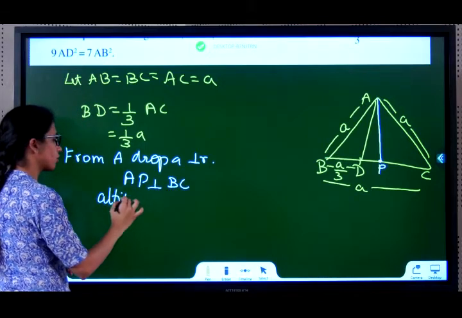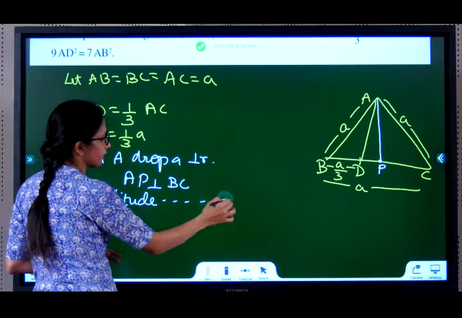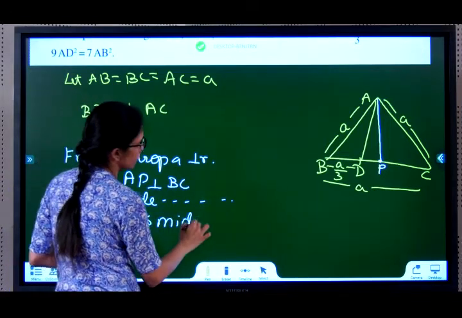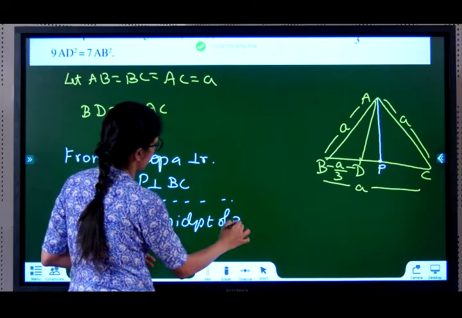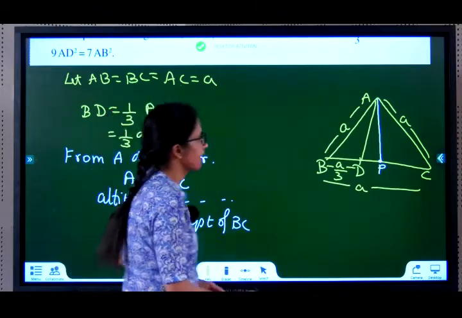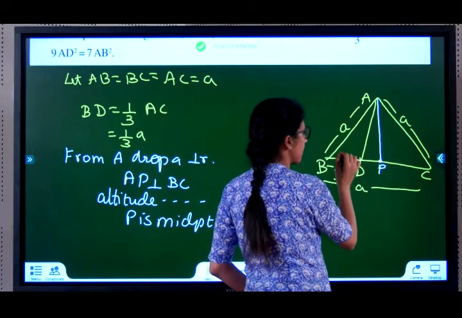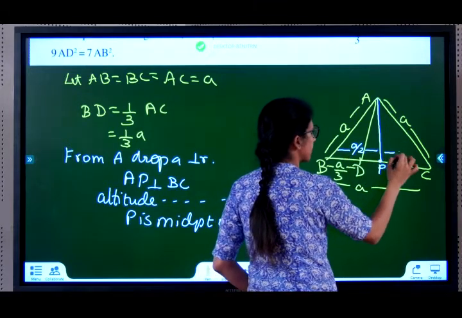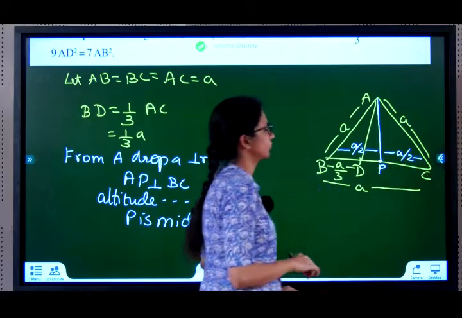Altitude is also the median in an equilateral triangle. Therefore, P is midpoint of BC. This whole thing is A, so this is A by 2 and this is A by 2.